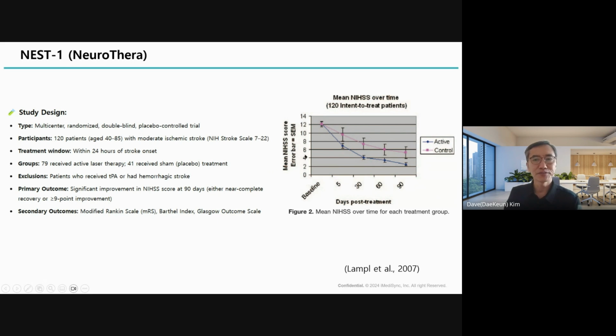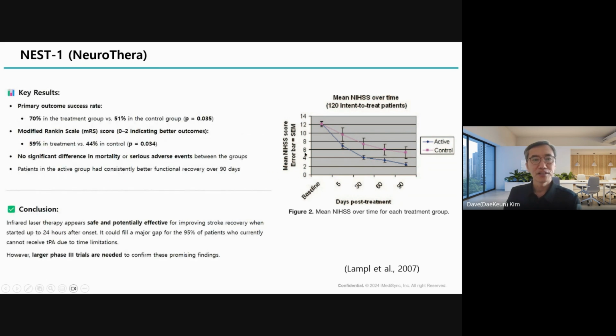And the key result: we can see a significant decrease of the primary outcome, the NIHSS, and the secondary outcome measure, the modified Rankin scale, also decreased a lot.